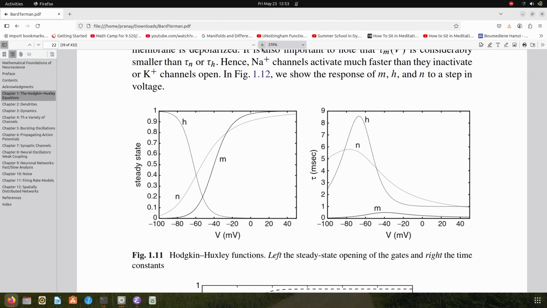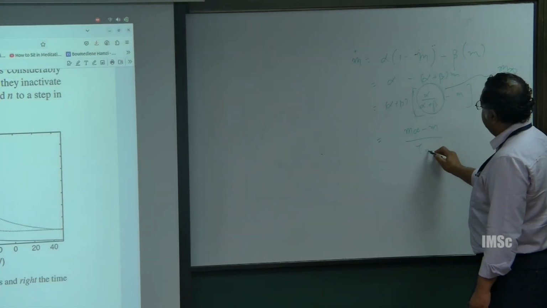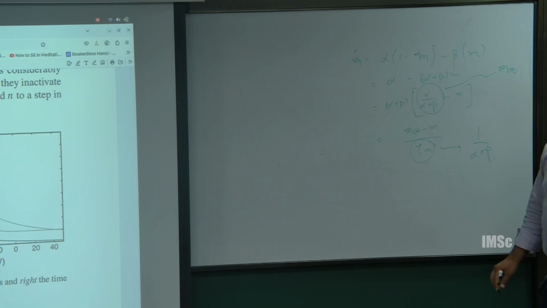I am going to call alpha over alpha plus beta m infinity, and you will see why in a minute. Bringing the factor down, this is m infinity minus m divided by tau m, where tau m is 1 over alpha plus beta. Is my algebra okay?